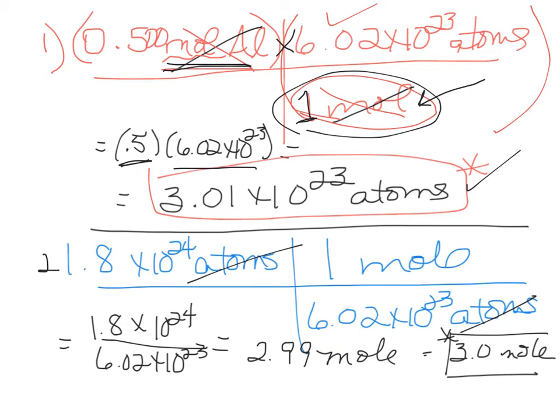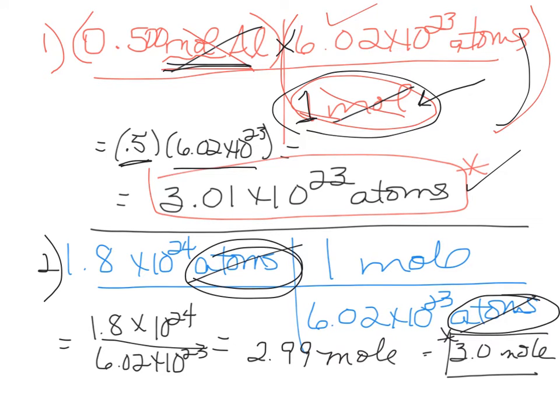In the second problem, the beginning units were atoms, which means that we need to flip our conversion factor so that atoms is in the denominator so that the units cancel out. Remember, the 6.02 times 10 to the 23rd always goes with atoms, and the number 1 goes with mole. And this ends up being a division problem.